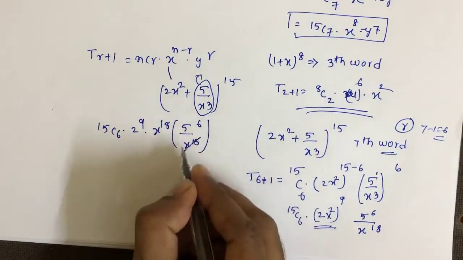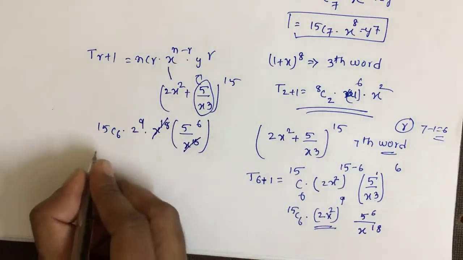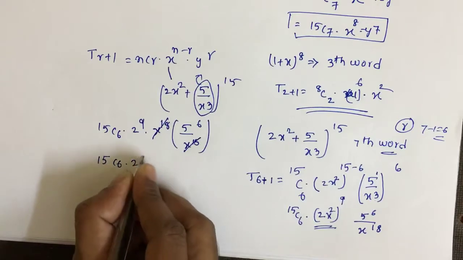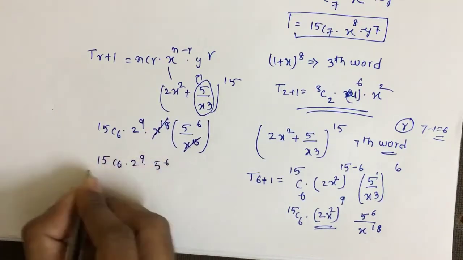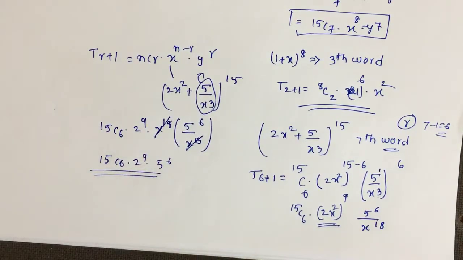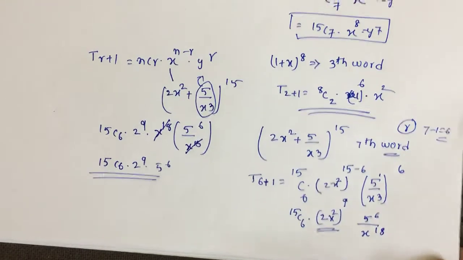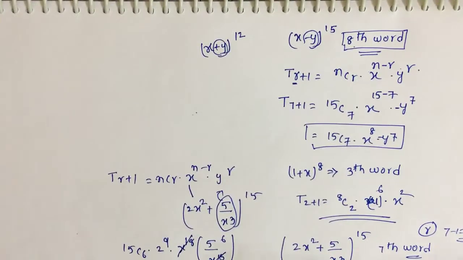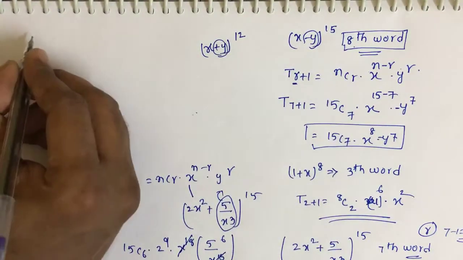So now x to the 18 gets cancelled, so the final answer comes out to be 15 C 6 times 2 to the 9 times 5 to the 6. So this is the final answer. It's very simple mathematics. If you apply simple mathematics, it's very easy to get the answer. I'm not going to solve this problem, but you can try it.